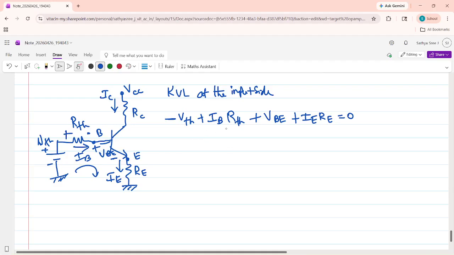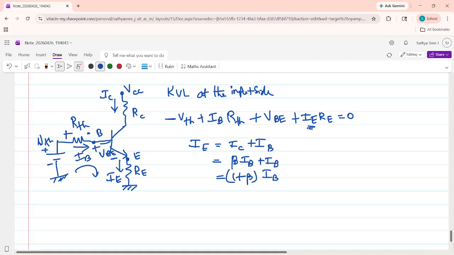So what is the relation between IB and IE? IE equal to IC plus IB. IC can be written as beta IB, so IE is beta IB plus IB, that is equal to 1 plus beta IB.